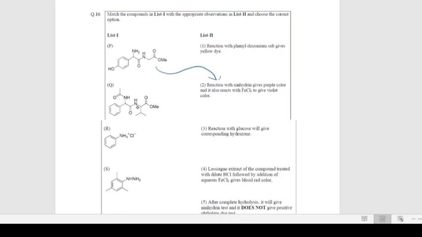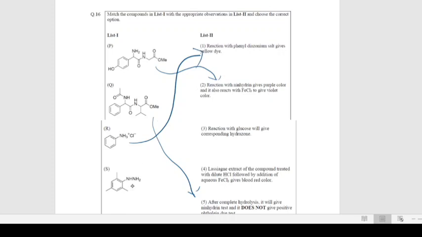And if we consider this one, this on hydrolysis will give the ninhydrin test, and it does not give any positive test with that of the phthalate dye test. And if we consider R, coupling reaction, which gives a yellow color dye.